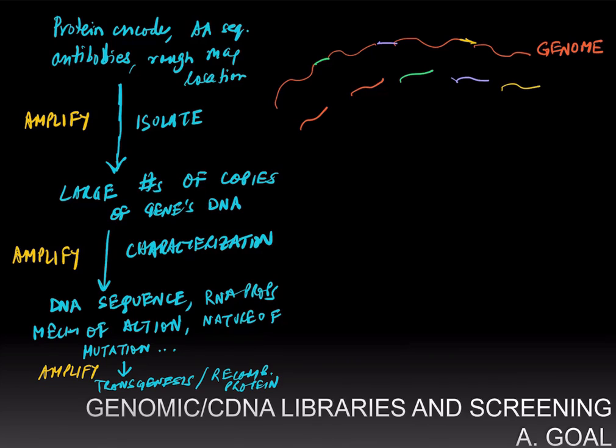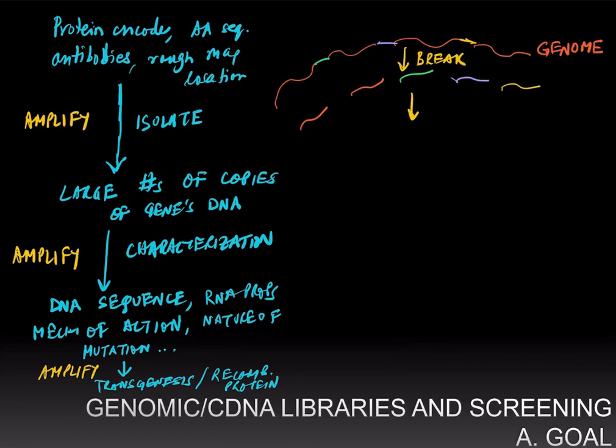And of course, we are not going to have just a handful of pieces. In reality, we are going to have tens of thousands of pieces of the genome. So the first step was to break up the genome.